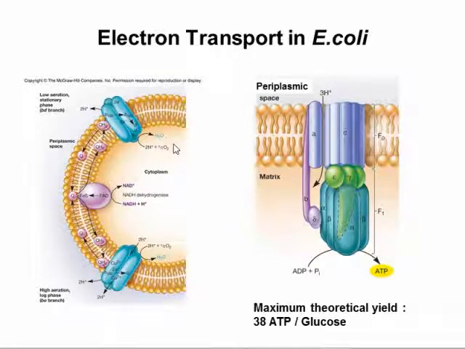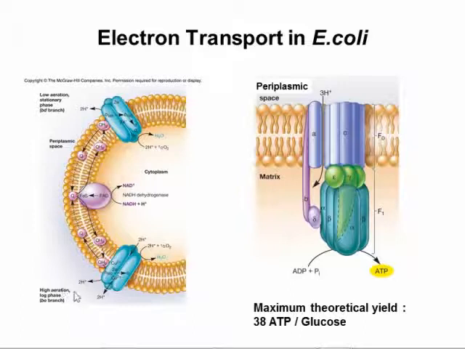In E. coli, there are two cytochrome oxidase complexes, one which is called BO down here, which is used when there is a lot of oxygen present, and it's used preferentially because the BO cytochrome oxidase can also transport protons across the membrane and contribute to the proton gradient.